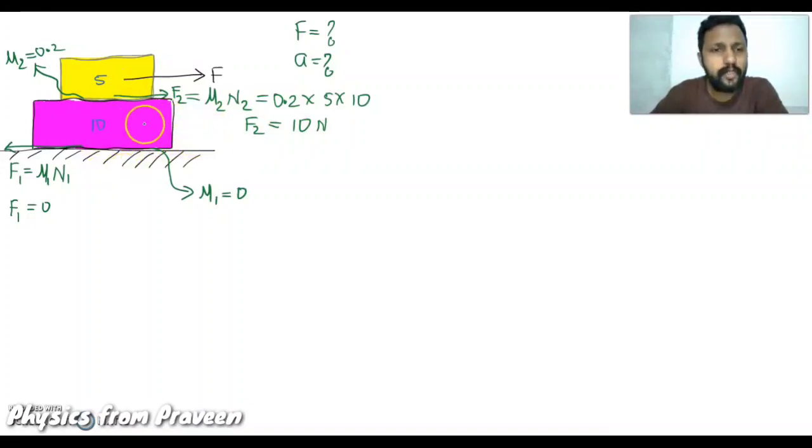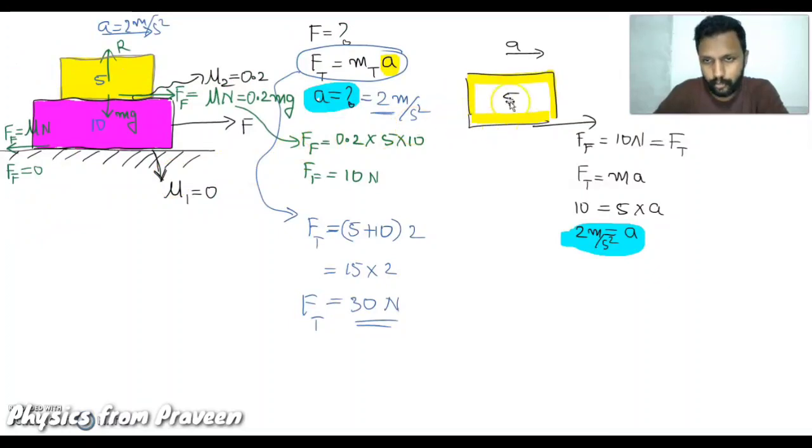Then after doing this, what you have to do is analyze the block where we are not applying a force. In our earlier situation also, we were analyzing the block where we are not applying force.